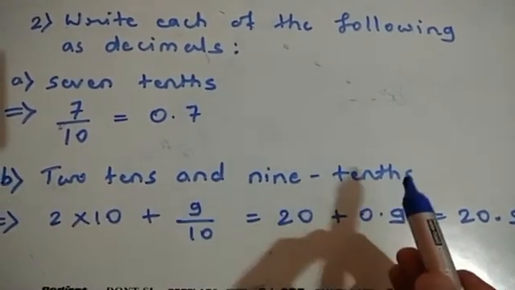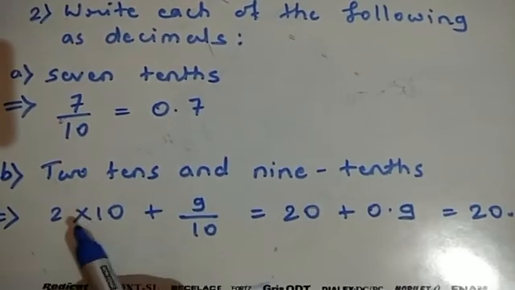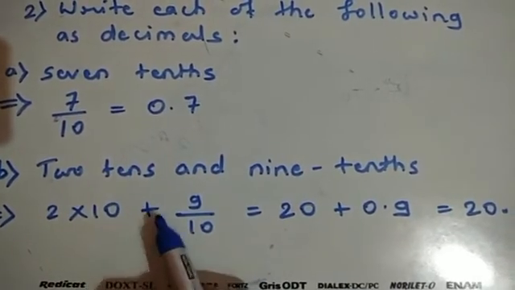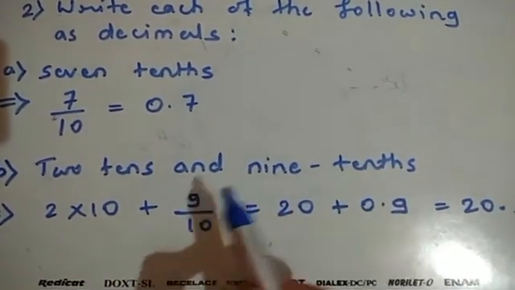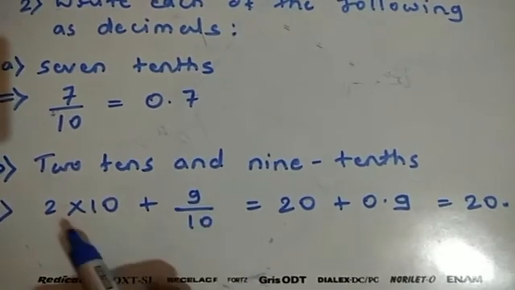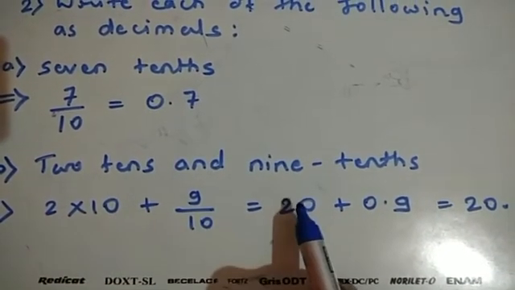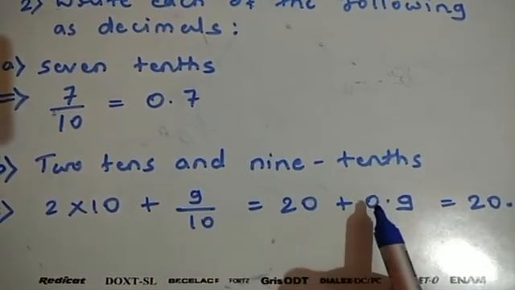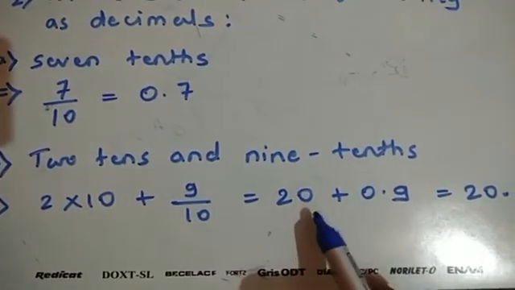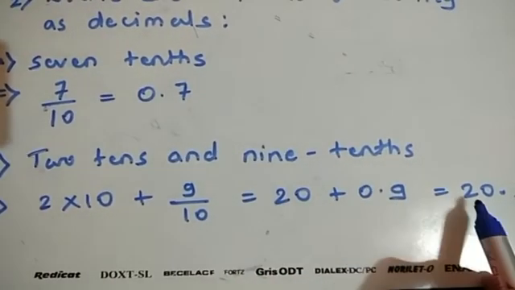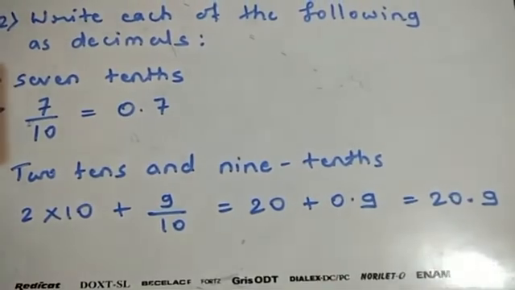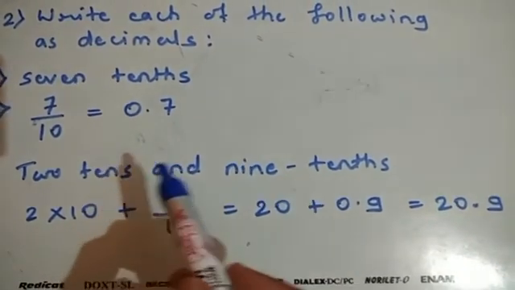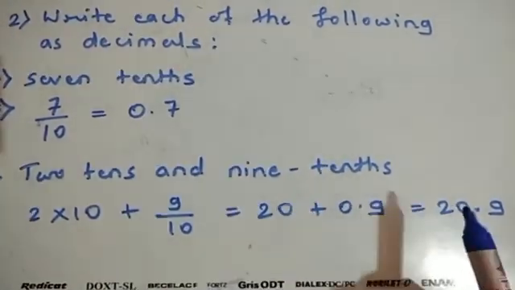We know how to write 9/10. Now here 2 × 10 means what? 20. And 9/10 means what? 0.9. Therefore 20 plus 0.9 is equal to 20.9. Therefore 2 × 10 plus 9/10 we can write as 20.9.